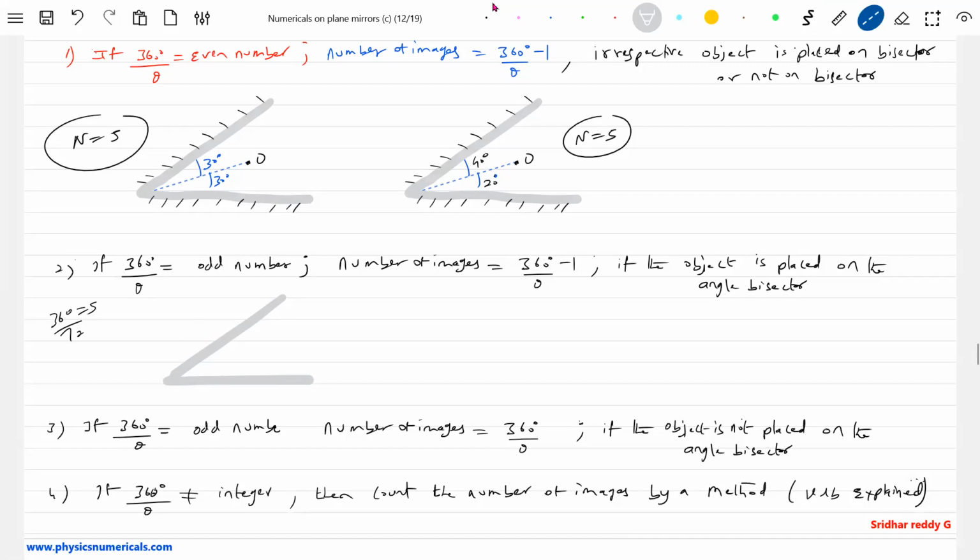If the object is placed on the angle bisector, with 72 degrees between the mirrors, this will be 36, and this is our object.